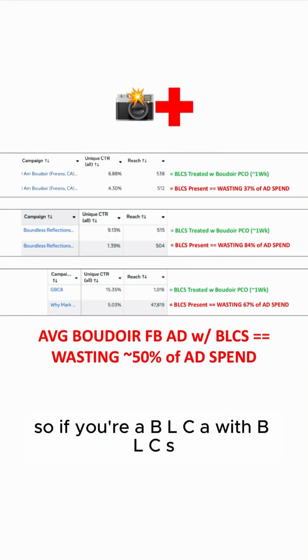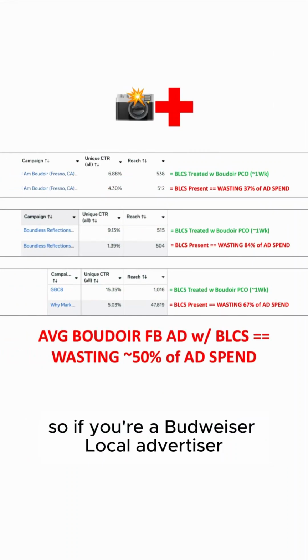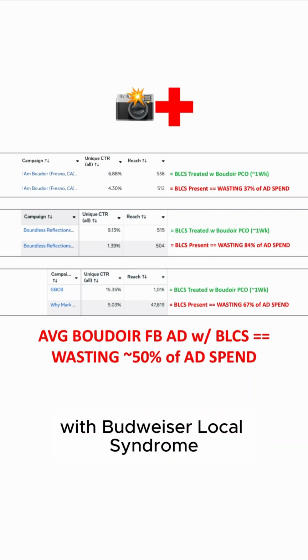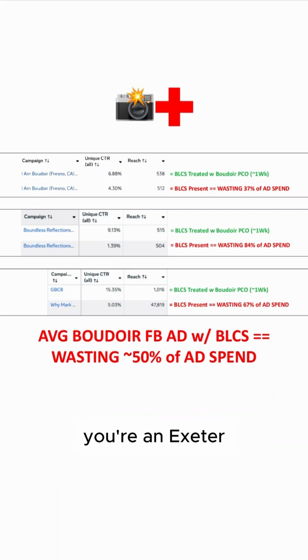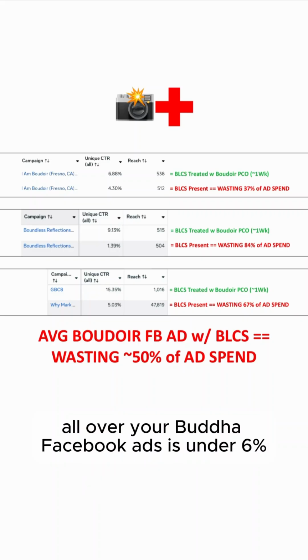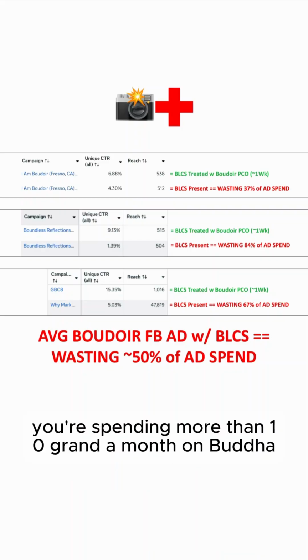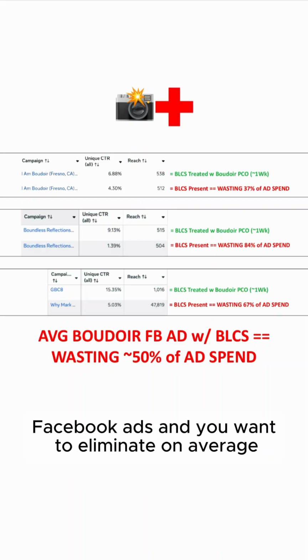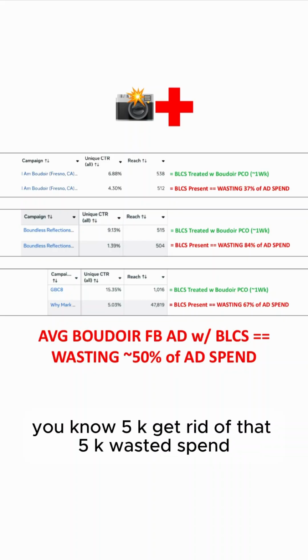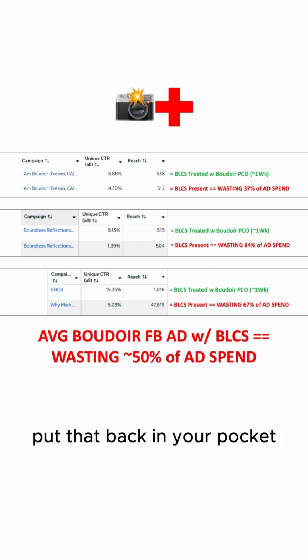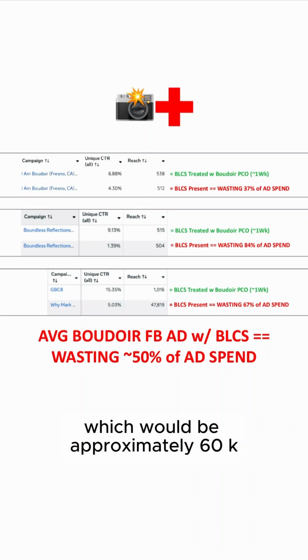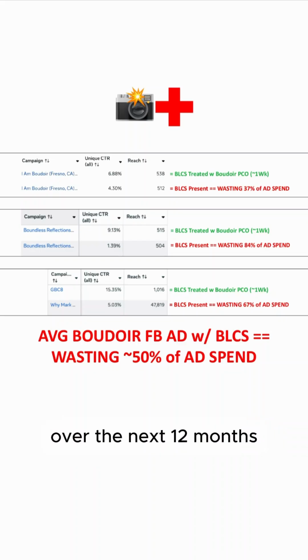So if you're a Boudoir low-click advertiser with Boudoir low-click syndrome, your unique CTRL of your Boudoir Facebook ads is under 6%, and you're spending more than 10 grand a month on Boudoir Facebook ads, and you want to eliminate on average 5K of wasted spend and put that back in your pocket, which would be approximately 60K over the next 12 months.